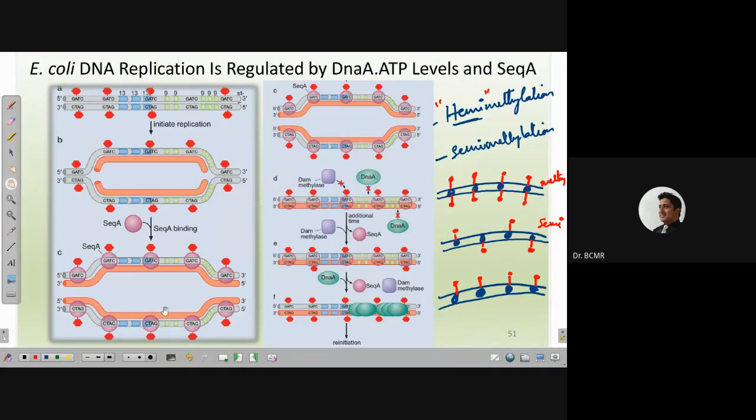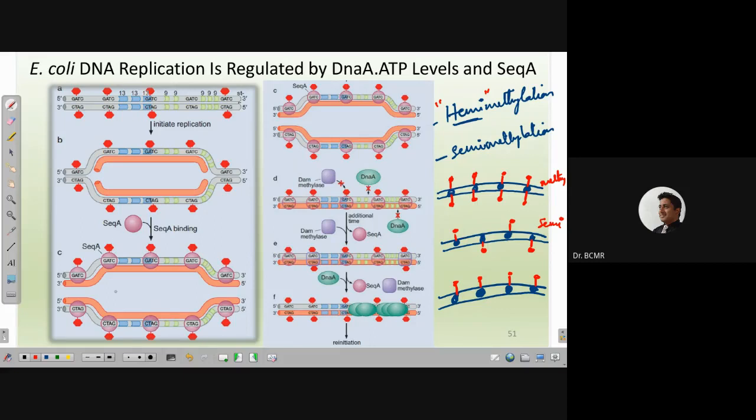Okay, so there is a protein called SeqA. SeqA is a sequence specific DNA binding protein. When I say that, what does it mean? By the term itself, it means that it binds to DNA. First thing is it binds to DNA.